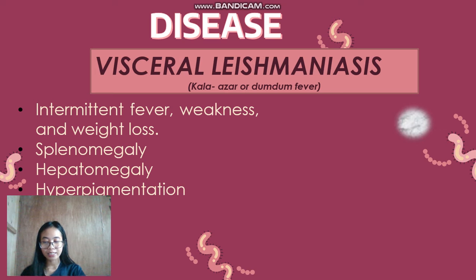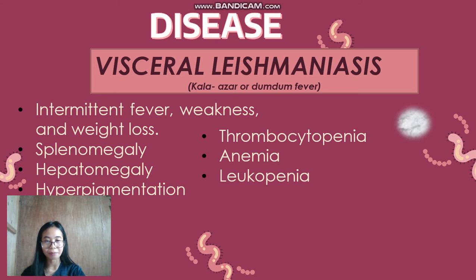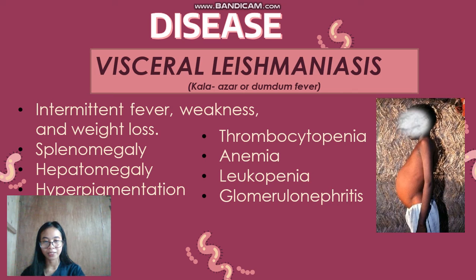In light-skinned patients, hyperpigmentation of the skin may also occur. Thrombocytopenia, anemia, leukopenia, and glomerulonephritis. So this is the picture of a child having visceral leishmaniasis or Kala-Azar or Dum-Dum fever.